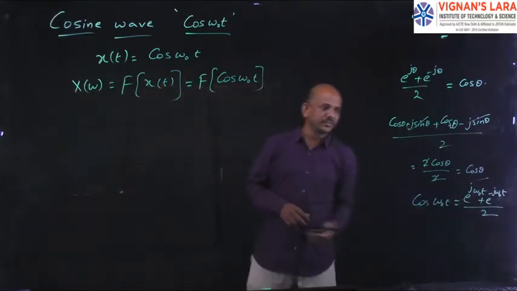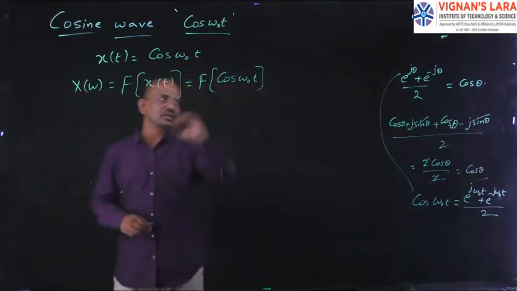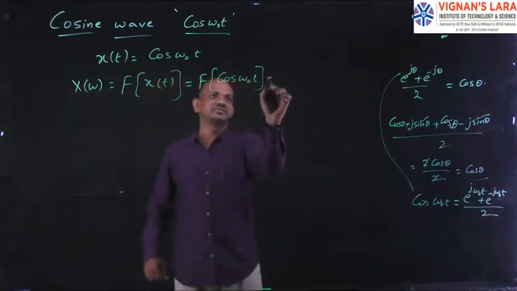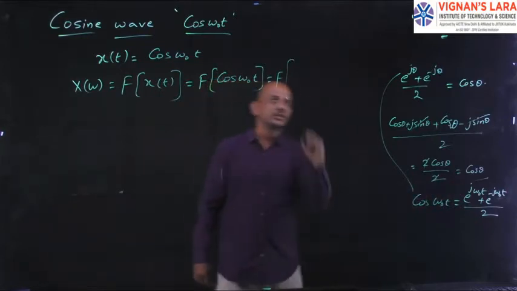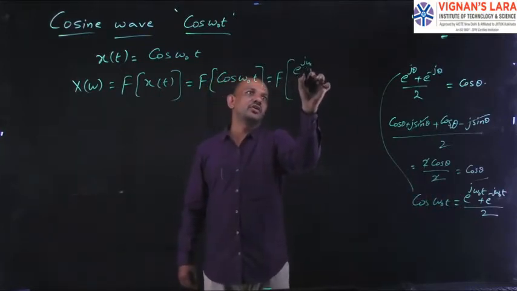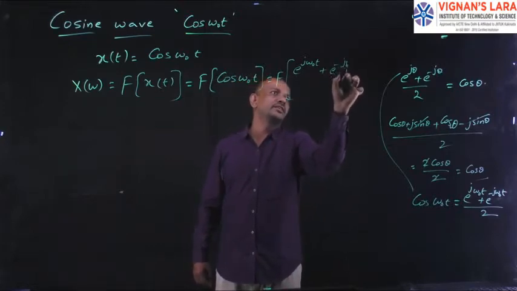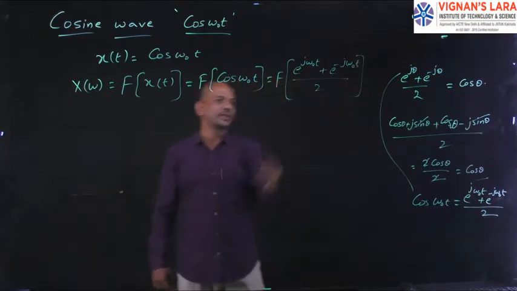Both are the same by using this explanation. So here in place of this, what can I write? This will be equal to the Fourier transform of e power j omega naught t plus e power minus j omega naught t divided by 2. You can write like this.